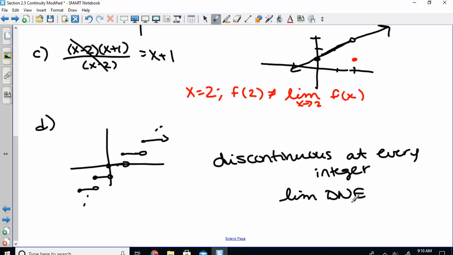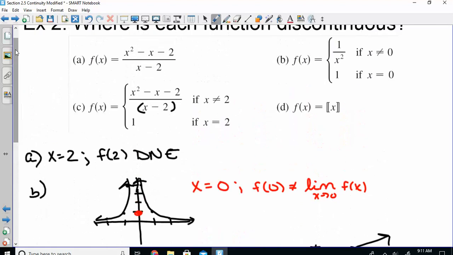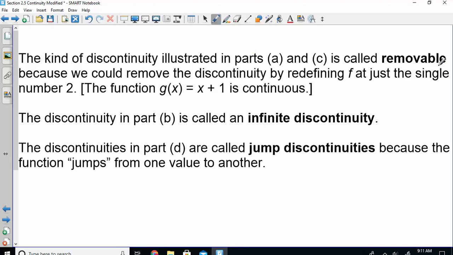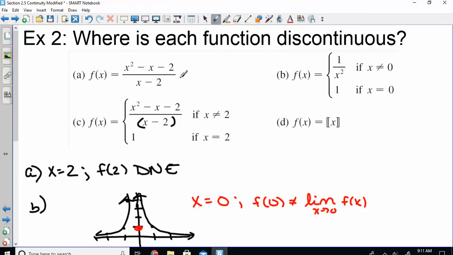We've actually just seen a couple different kinds of discontinuities in this. In A and C, these are what are called removable discontinuities. If we had graphed A, we didn't, but we did it on part C, it was just that line.